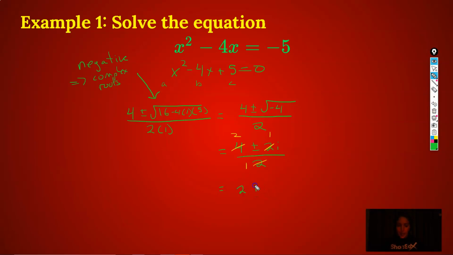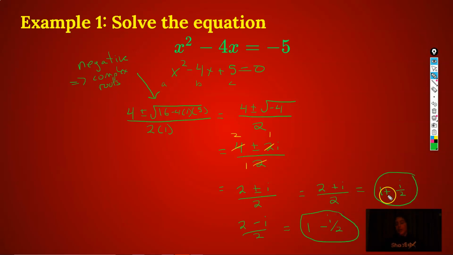And now what do we get? 2 plus or minus i over 2. If we really split this up, this would be 2 plus i over 2, which is really 1 plus i over 2, or 2 minus i over 2, which if we split up, 2 divided by 2 is 1, minus i over 2.